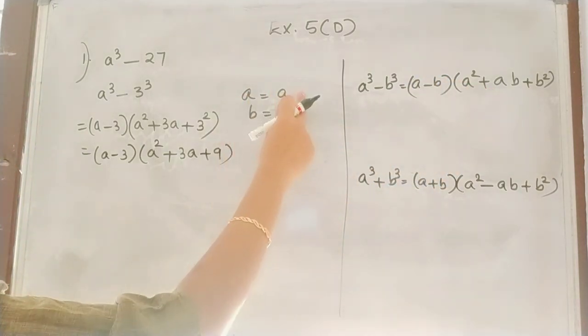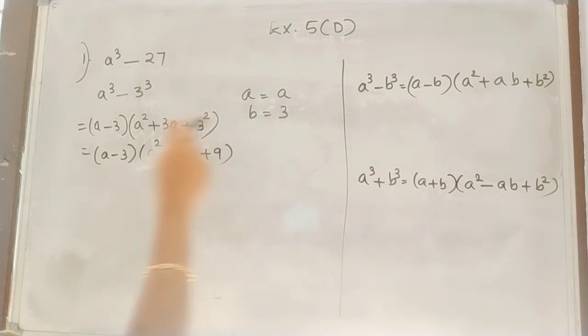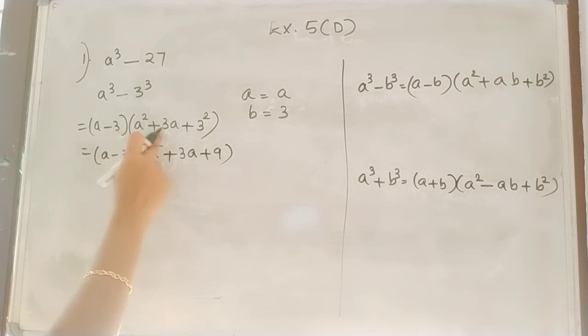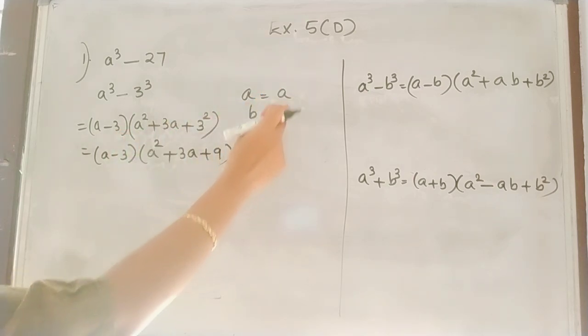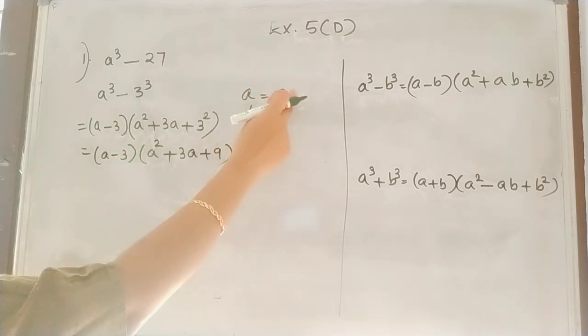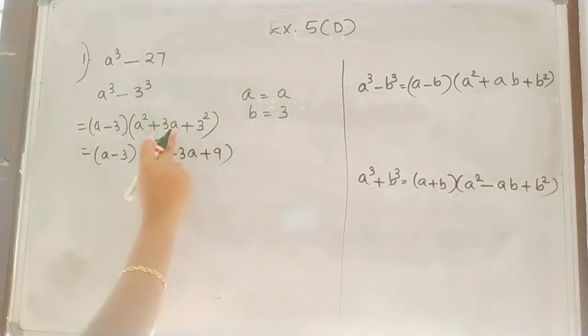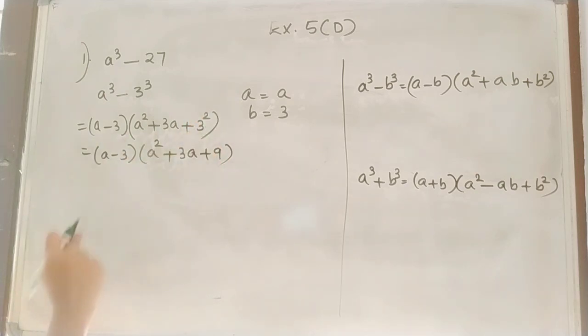So this can be written as (a minus 3)(a square plus 3a, that means ab, plus b square), so (a minus 3)(a square plus 3a plus 9).